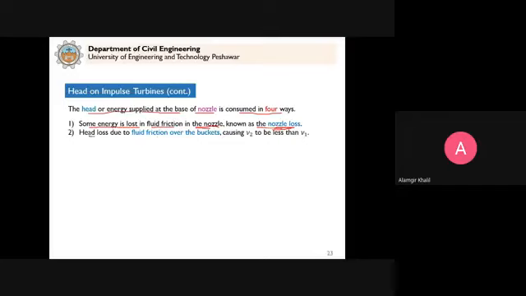The second head loss is due to the friction of the fluid as it flows over the buckets. As the water flows over the buckets, there will be friction. We already studied about this in momentum and forces in fluid flow. So as the water flows over the buckets, there will be friction and some of the energy will be lost there.